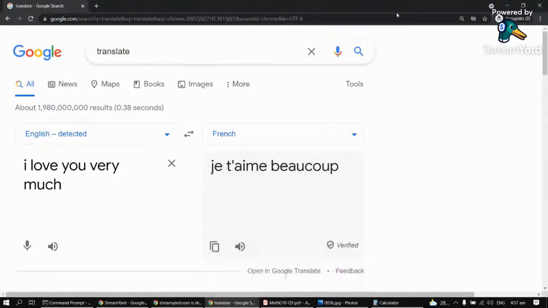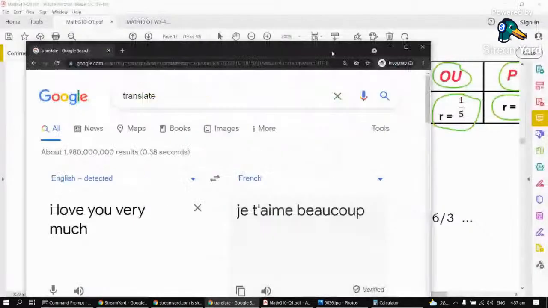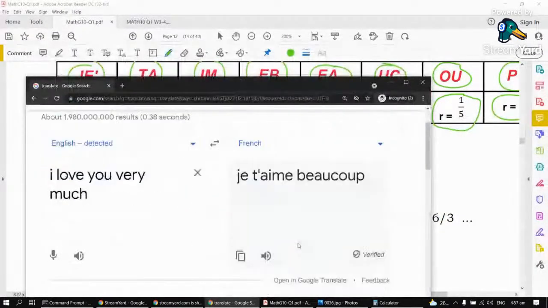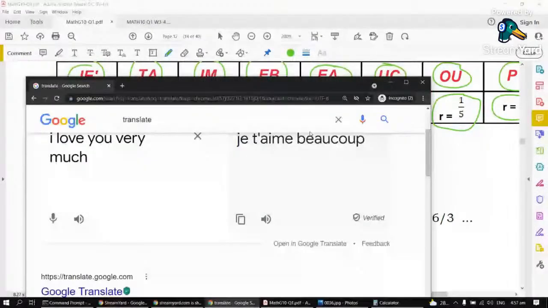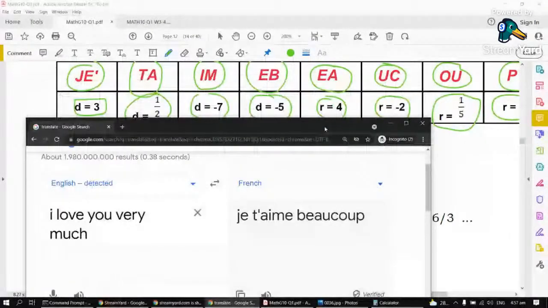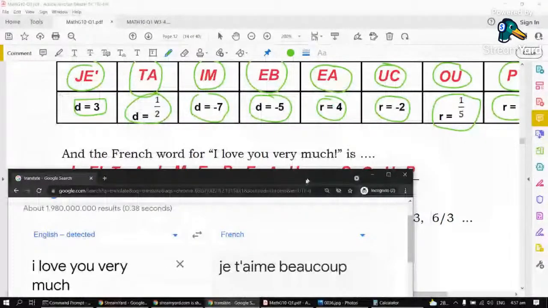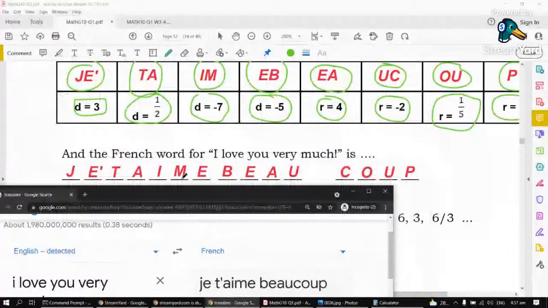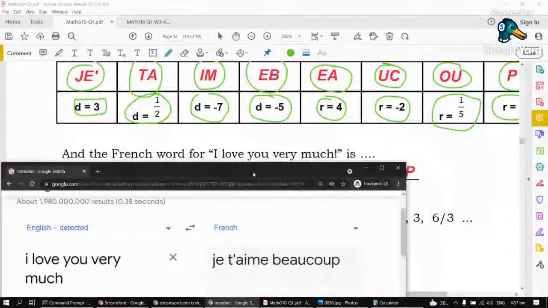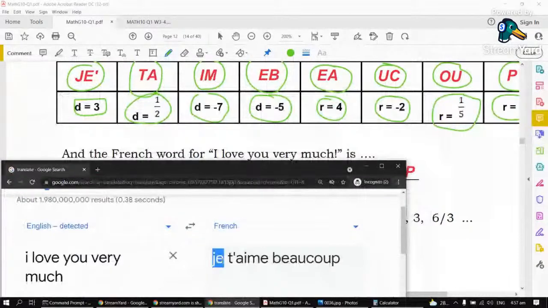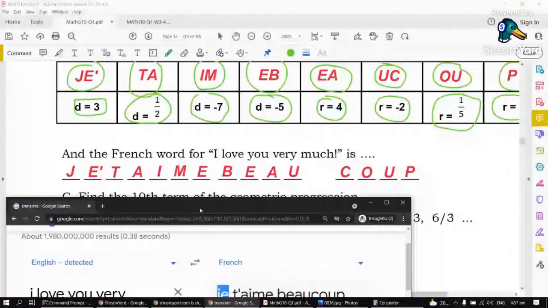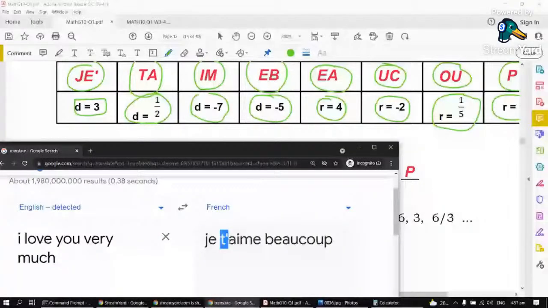So, yun yan. So, mali yung spelling nitong sa ating module kasi dikit-dikit dito, sa according to Google JE space at yung apostrophe ay dapat nasa T. Dapat nandito yung apostrophe.